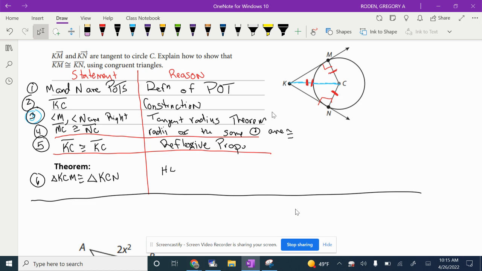So, Kaylee, pull a stick on that. Nicole. Remember what we're trying to prove. We're trying to prove that KM is congruent to KN. Can we say that now, Nicole? Okay, we can say that. That is an acceptable statement now. So we now have proven that KM is congruent to KN. And why can we say that, Nicole?